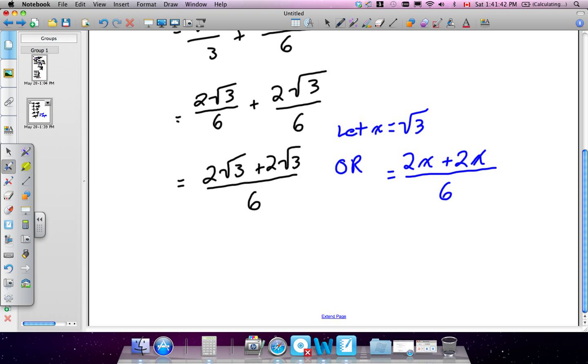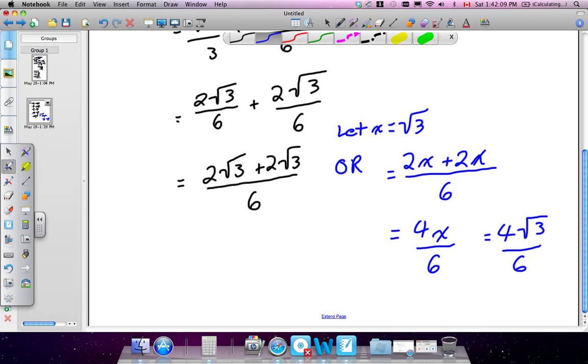So what I've done now is I've replaced root 3 with x. So this says 2x plus 2x. And in the end I just substitute root 3 back in for x. Because we're not multiplying, all I have to do is add the two coefficients. So it's really 2 plus 2. What is 2 plus 2? Well, 2 plus 2 is 4x divided by 6.